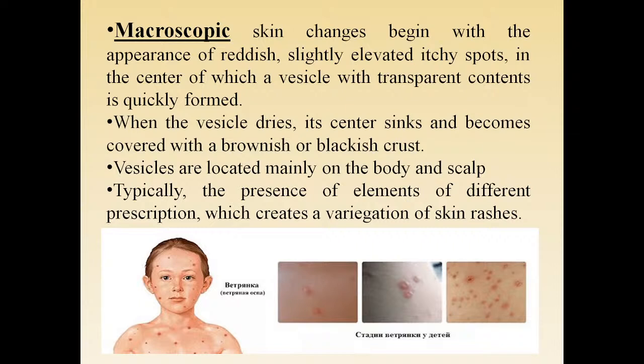When the vesicle dries, its center sinks and becomes covered with a brownish or blackish crust.